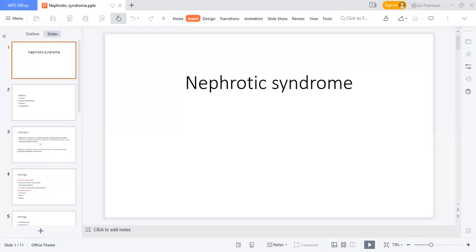Then it passes from the Bowman capsule to the distal convoluted tubule. So 120 ml fluid will be filtered in every cardiac output, but from that 120 ml, 119 ml is reabsorbed, and then only 1% is passed to all these remaining parts of the nephron, and only 1 ml is passed in the urine. So this is the normal process.